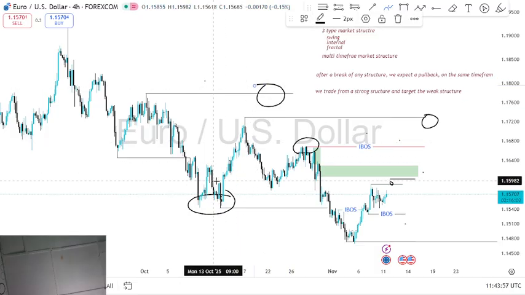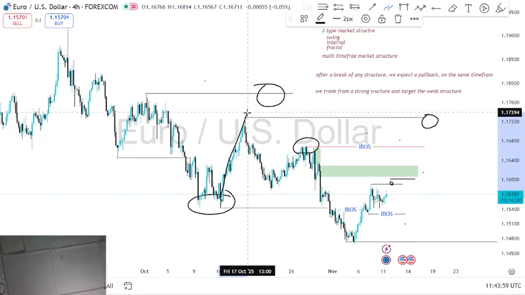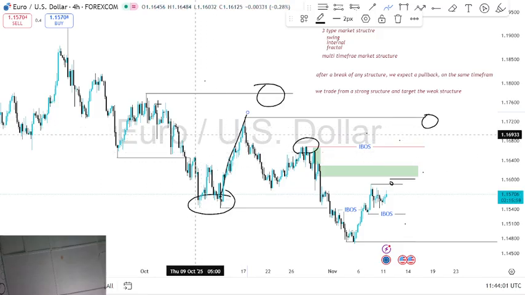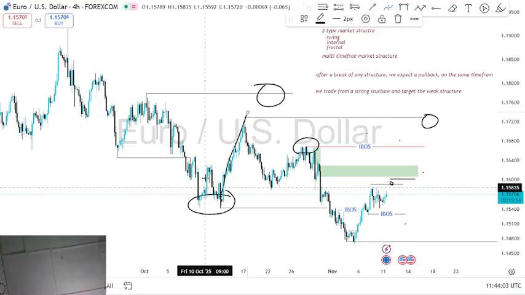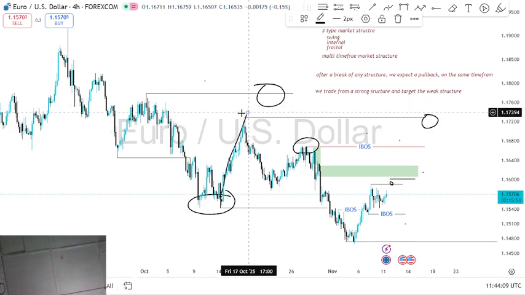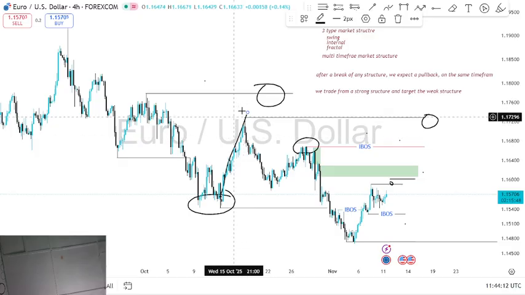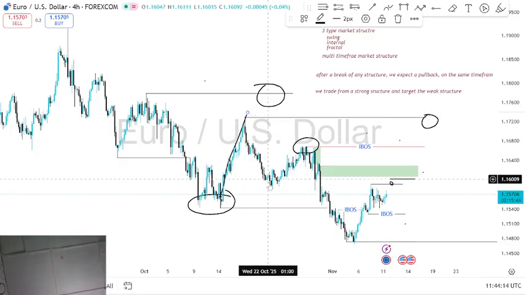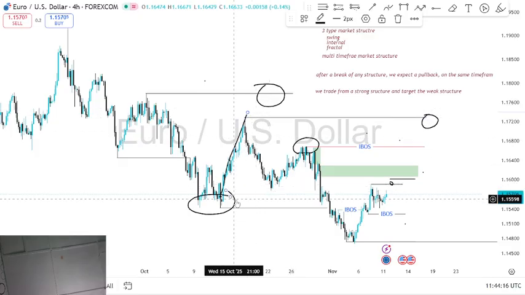So if we break multiple highs, multiple internal structures, the price is about to move to the downside, and price will continue. As extended here, you can see the last high, we moved to the downside. We didn't break anything.